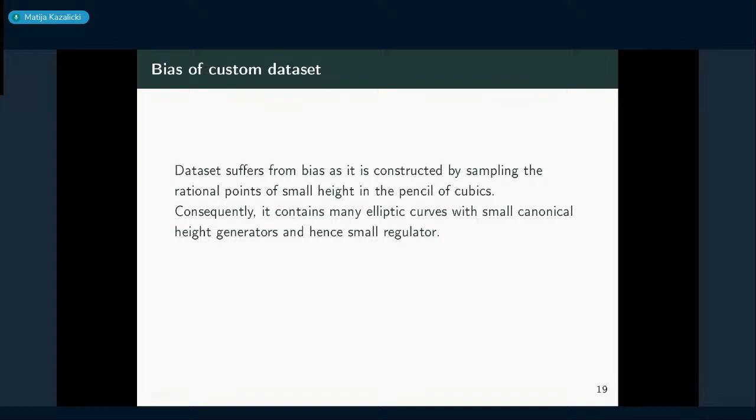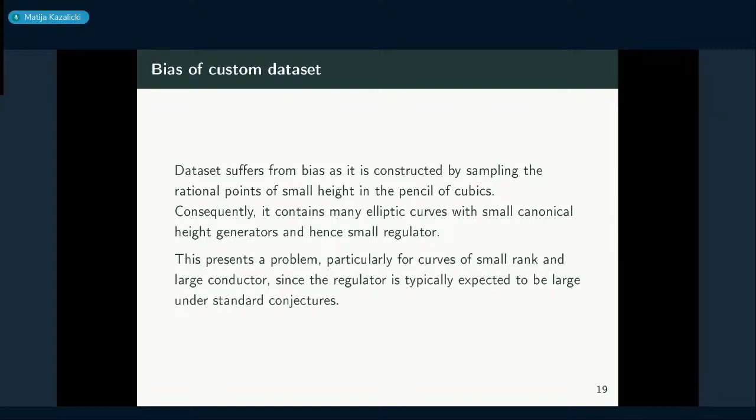Consequently, many elliptic curves in this family will have a small regulator. And this is not something that you would typically expect, because you typically expect the regulator to be large if you have a large conductor. So in a certain sense, there is a bias in the construction of these elliptic curves.